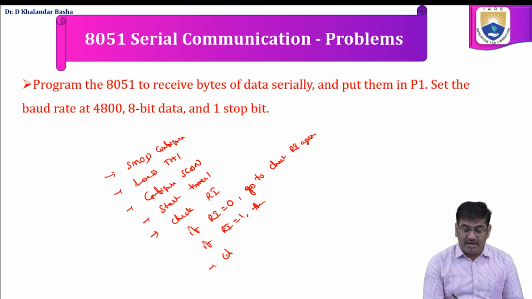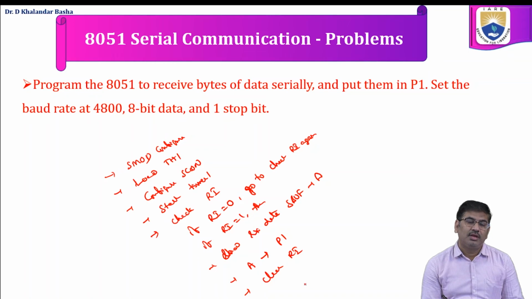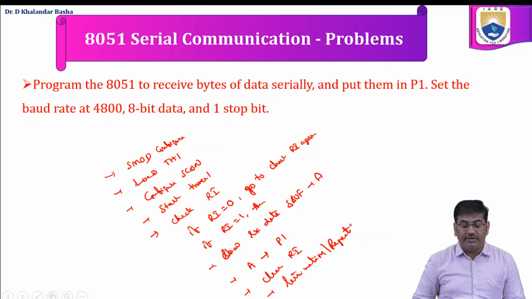Before clearing RI, load the received data which is there in SBUF to the accumulator. As per the problem statement, this data we have to load to port 1, then clear the receive interrupt. Then go for termination or repetition of the instruction. Now we will see step by step.